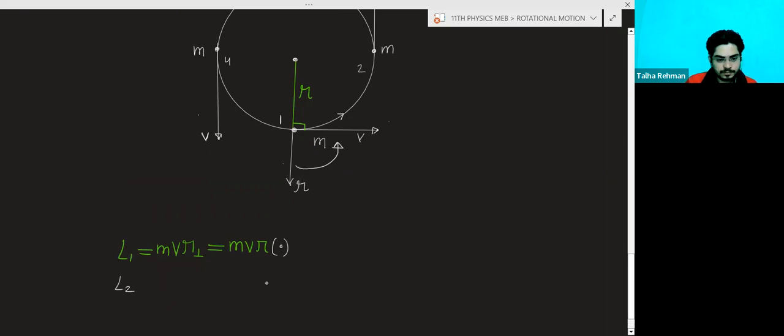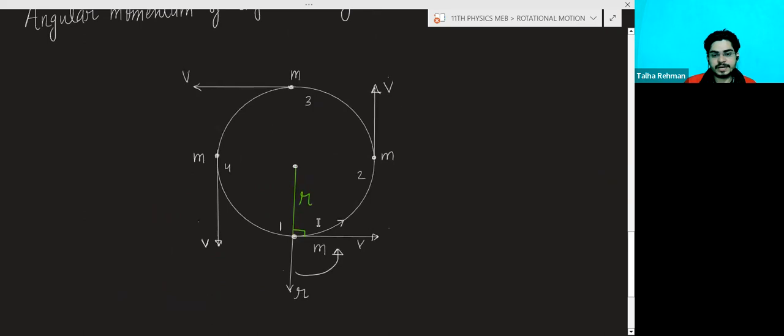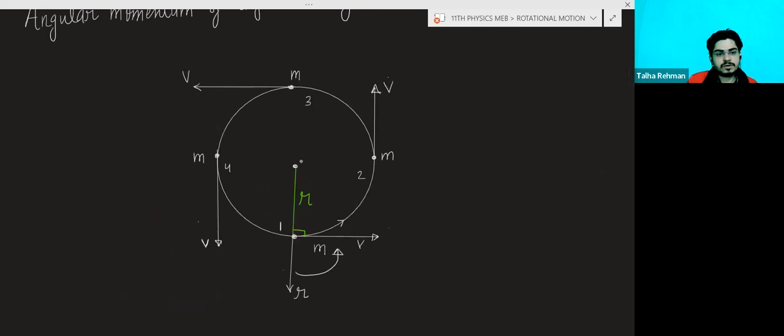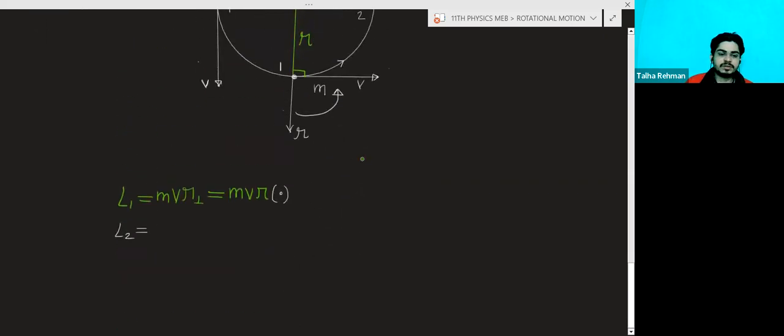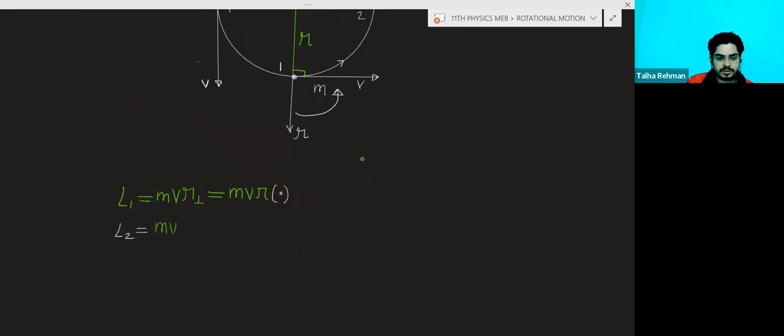For L2, this distance will also be r, the same distance. This will also be the radius, and this radius will also be perpendicular to the velocity. For calculating the angular momentum here, you apply m v into r perpendicular, which is m v r.